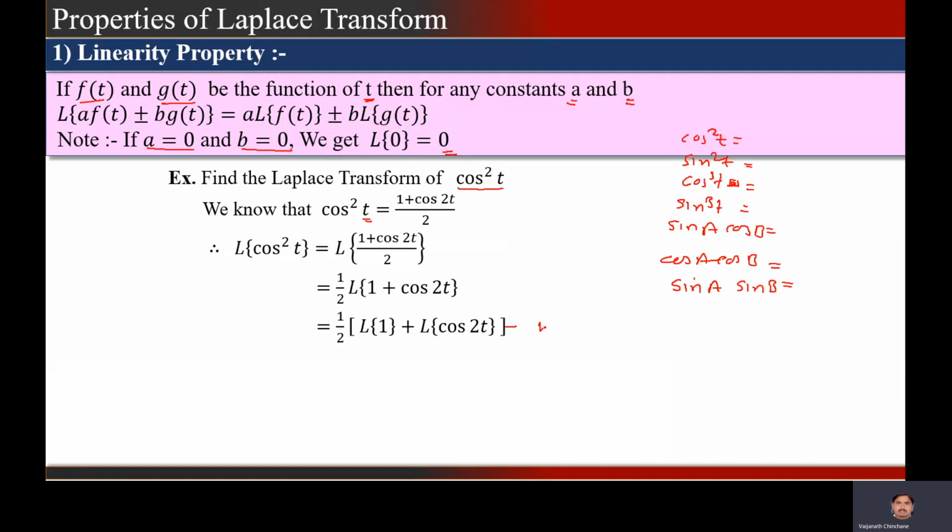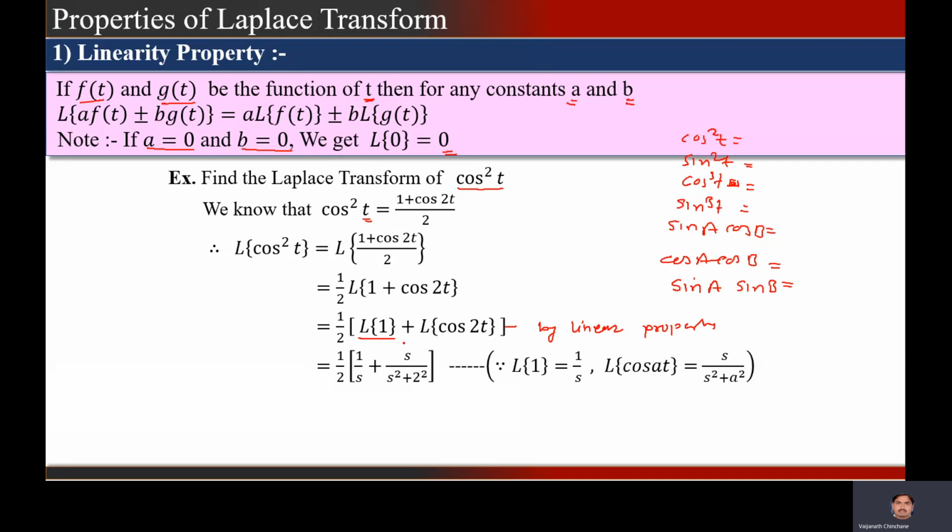By linear property, we know that Laplace of 1 is 1 by s plus Laplace of cos 2t is s upon s square plus 4, since 2 square means 4. That is equal to 1 by 2 into 1 by s plus s upon s square plus 4, and therefore Laplace of cos square t is 1 by 2 into 1 by s plus s upon s square plus 4. So this is the answer of Laplace of cos square t.